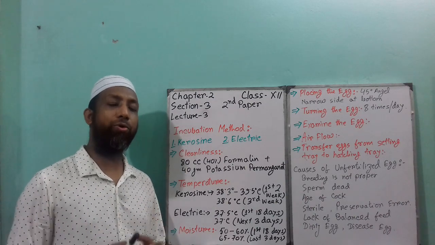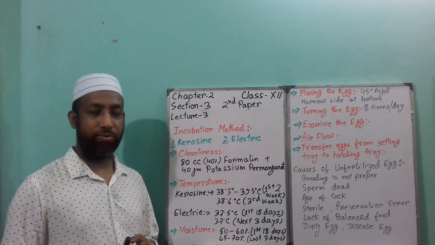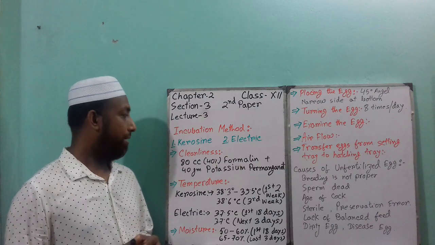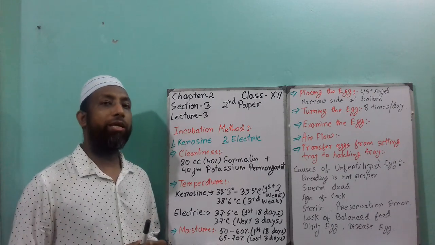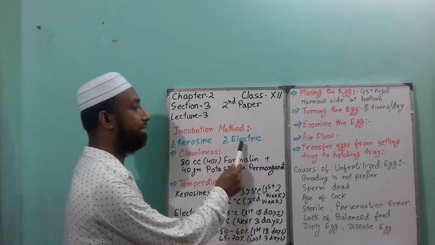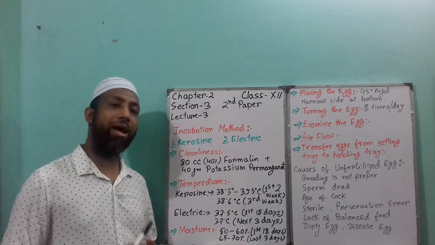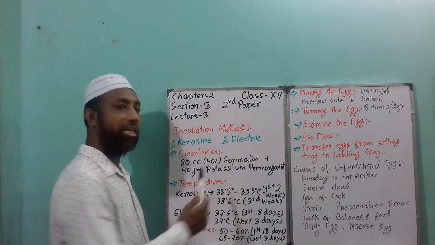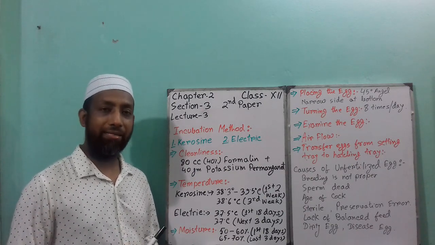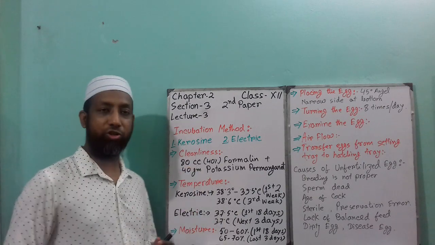That means how we hatch the egg inside the incubator. This is called the artificial incubation method, and here we use two types of incubator: the kerosene incubator, which is run by kerosene, and the electric incubator, which is run by electricity. Where there is no electricity, we can use the kerosene incubator.